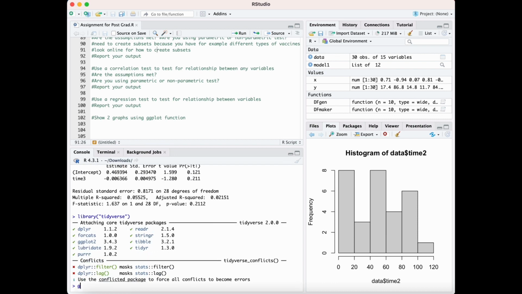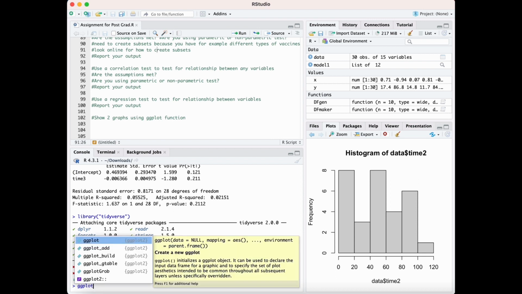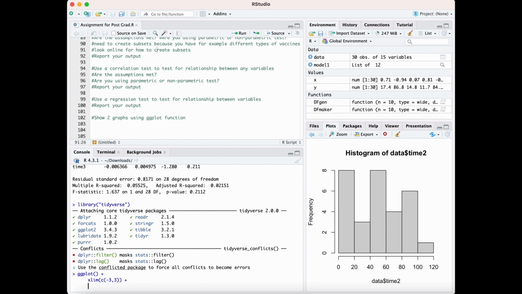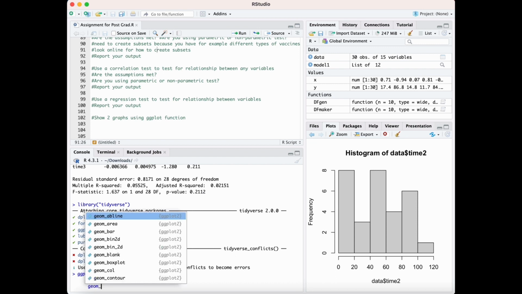Alright, so ggplot. Function of -3. Geo function of.